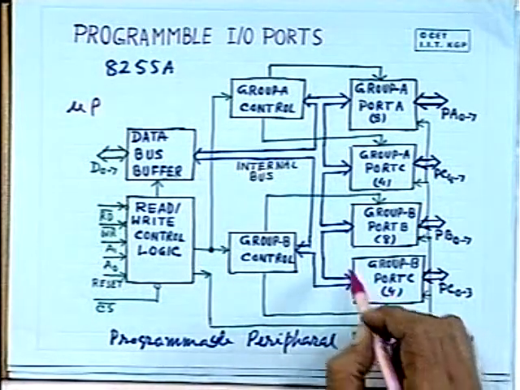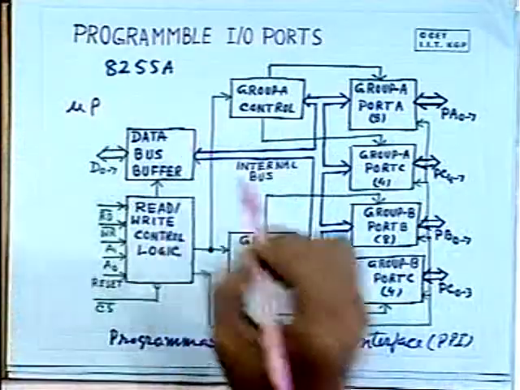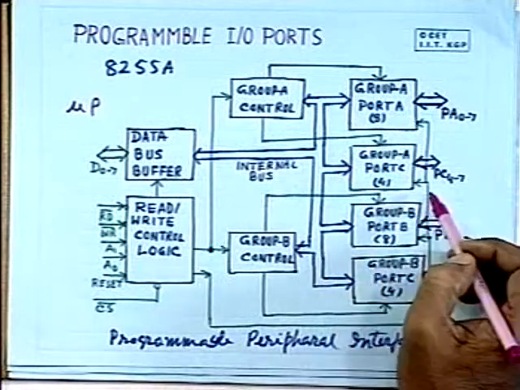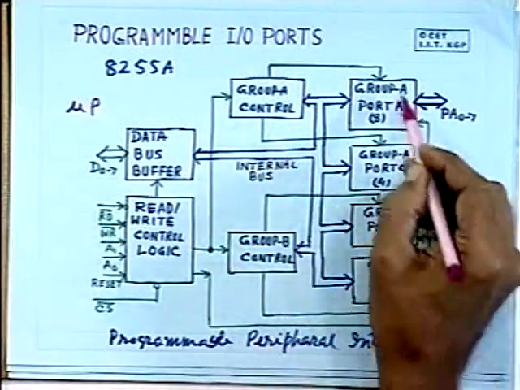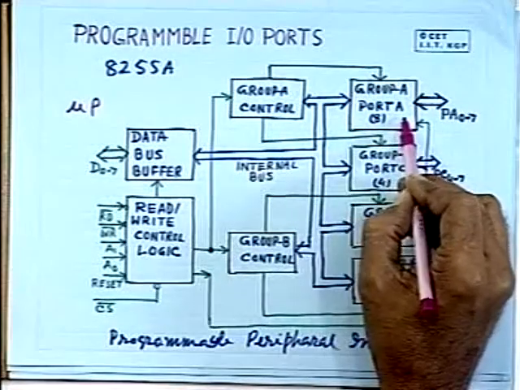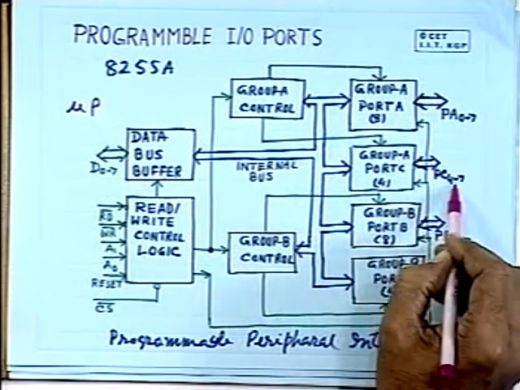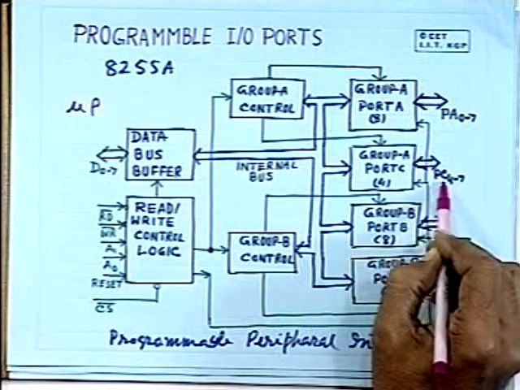For the convenience of discussing the operation of 8255, the operation has been divided into 2 groups, group A and group B. Under group A come port A and 4 port lines of port C, PC 4 to 7.